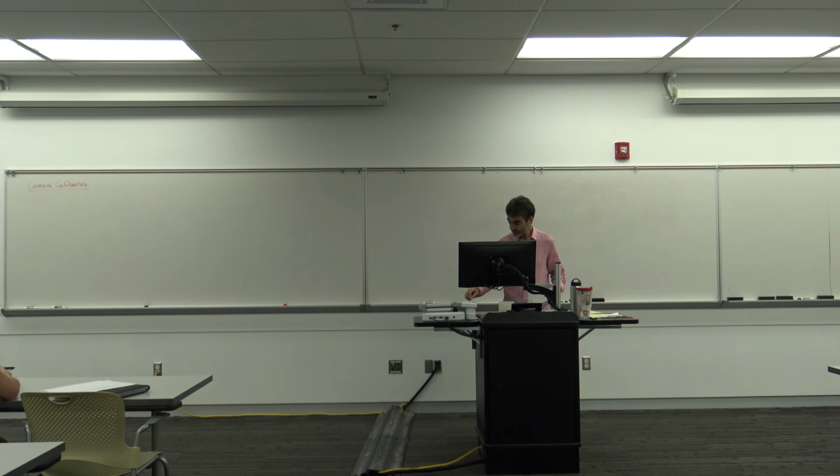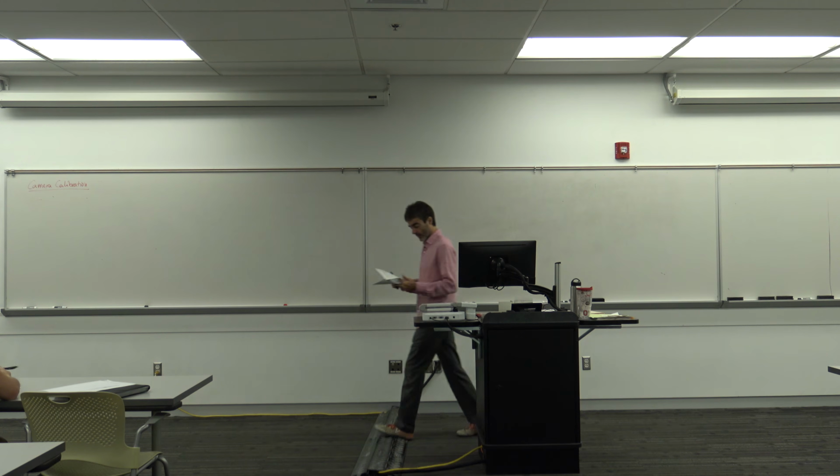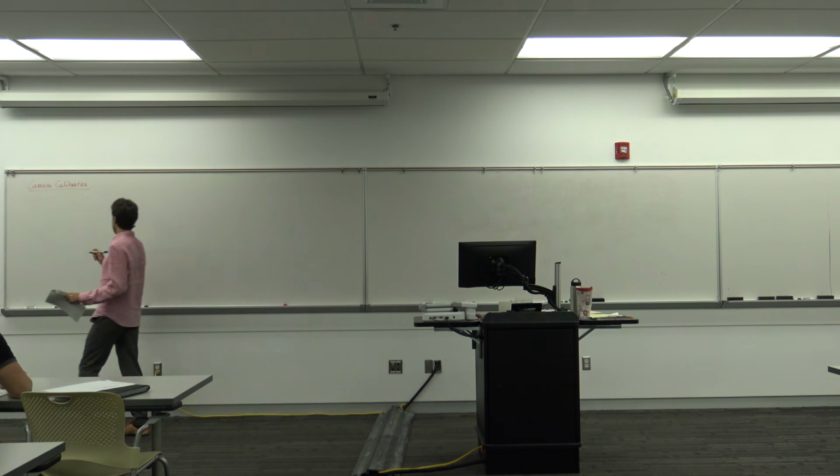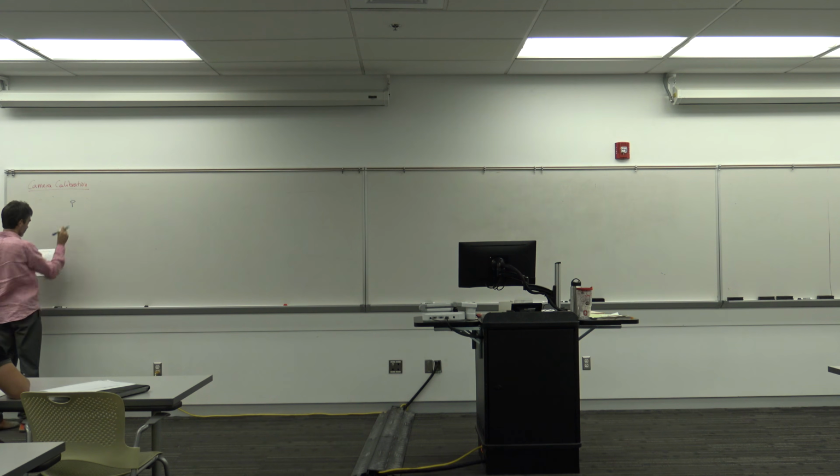So let's rewrite this. With that, I have my three-dimensional point Pi. And remember, I have my matrix M that defines the projection from the 3D world to the 2D image.